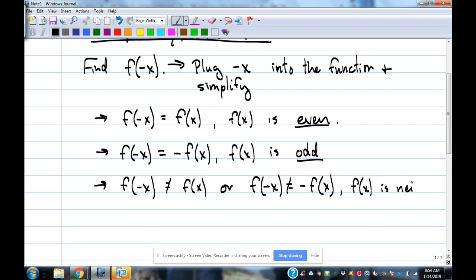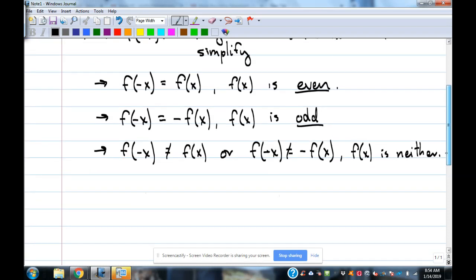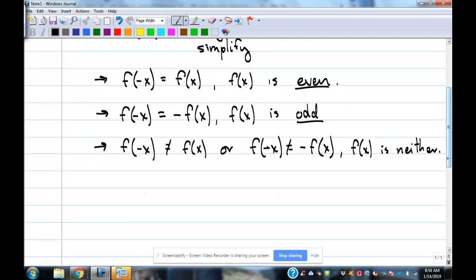Neither, or neither, depending on where you're from. Okay, neither odd nor even. So if we don't get the exact original back, or the opposite, which means everybody's sign changed, then it's neither. Even, you get the original back. Odd, you get everybody's opposite signs.